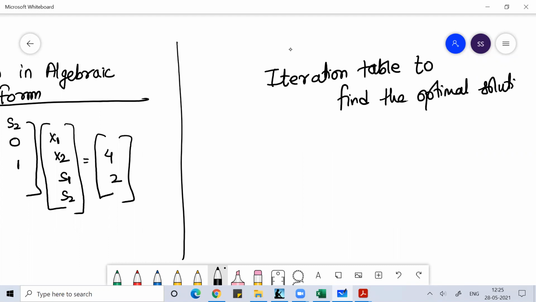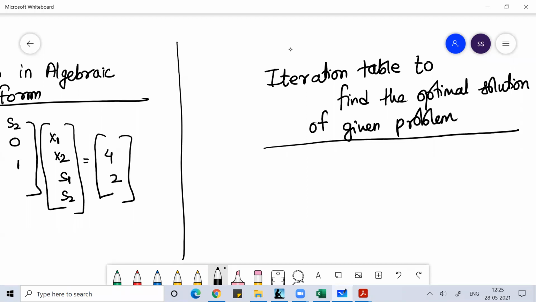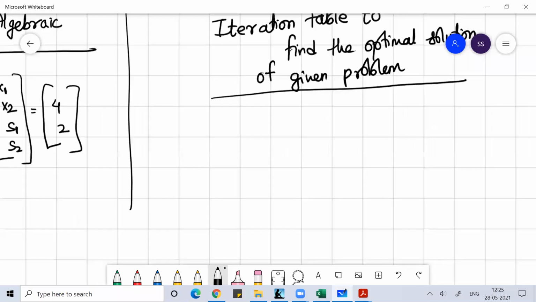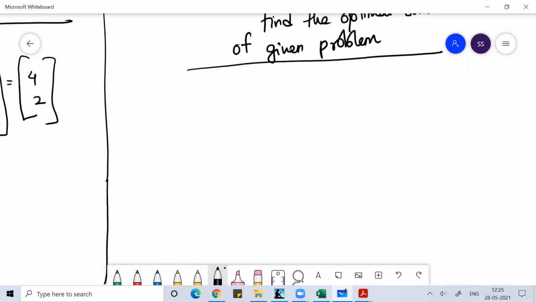I'll work on the iteration table so that I can find the optimal solution of the given problem. We'll draw iteration tables one by one so that we can ultimately find the solution for the problem.